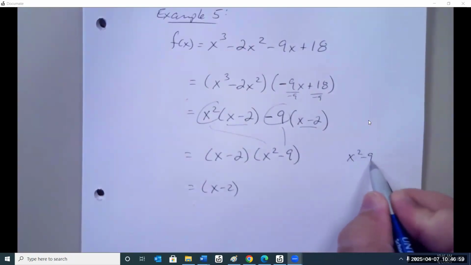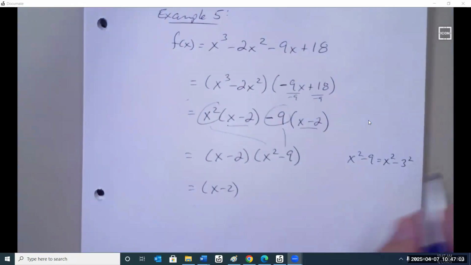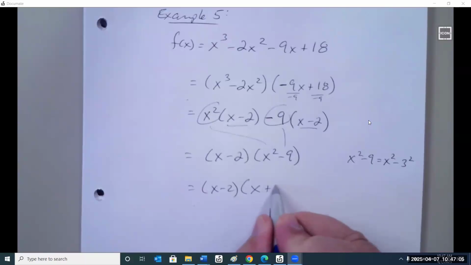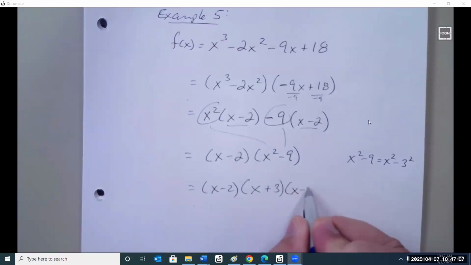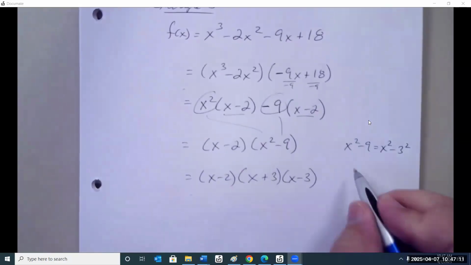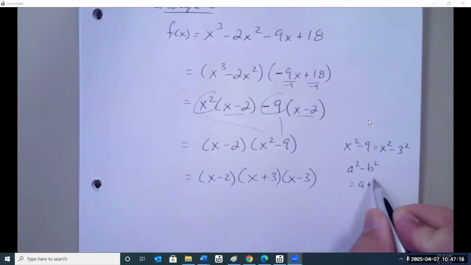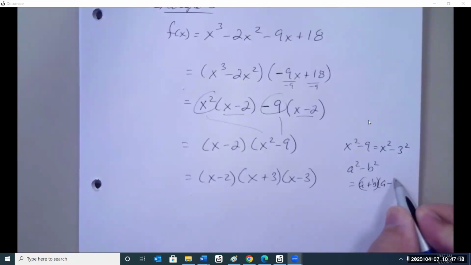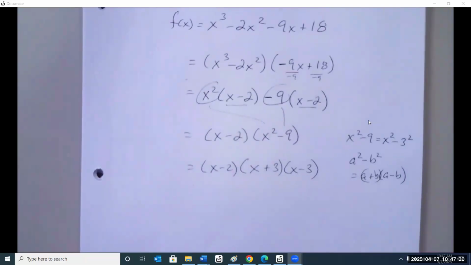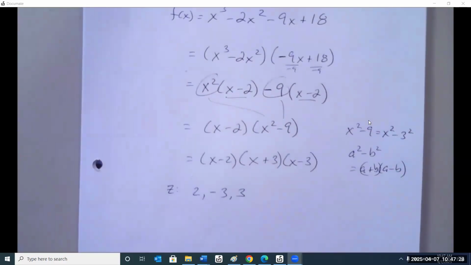x squared minus 9 is the same thing as x squared minus 3 squared, which is the difference of two squares. So it's x plus 3, x minus 3. Remember, a squared minus b squared is a plus b, a minus b. So my zeros are at 2, -3, and 3.